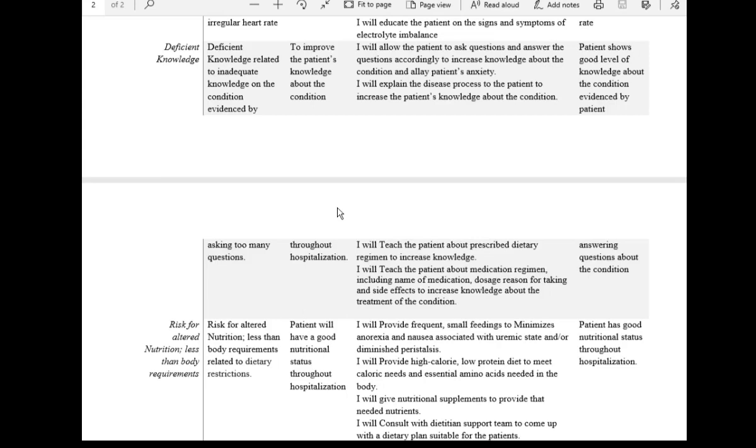regimen to increase knowledge. So I will explain to the patient that we have to restrict foods that are high in sodium and foods that are high in potassium, so that we prevent an increase in electrolyte imbalance and also more reabsorption of fluid.